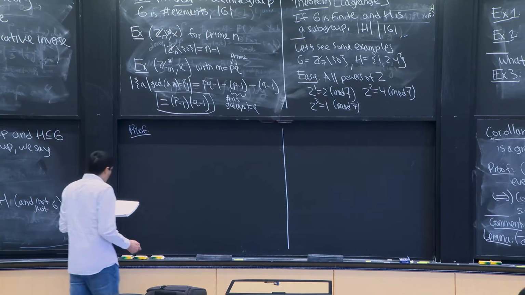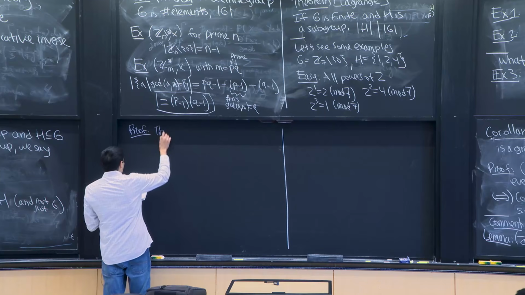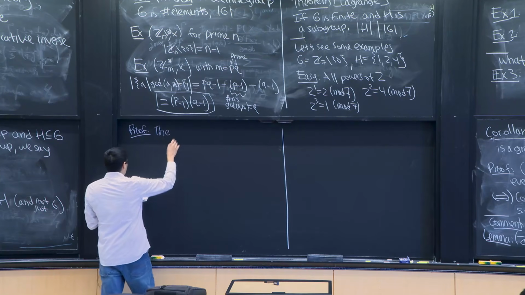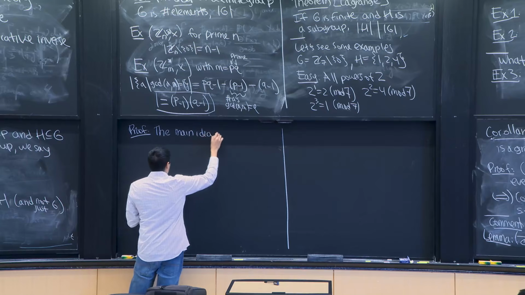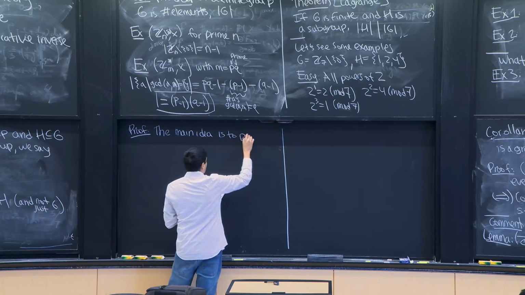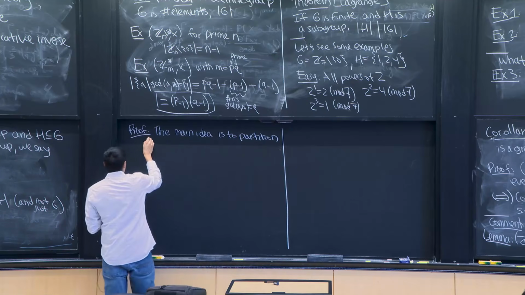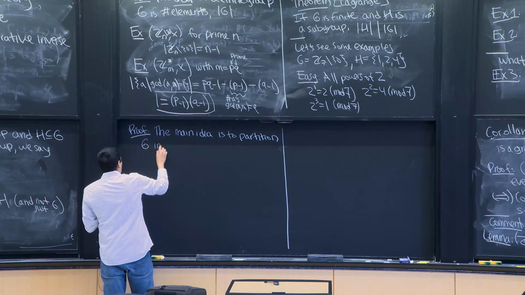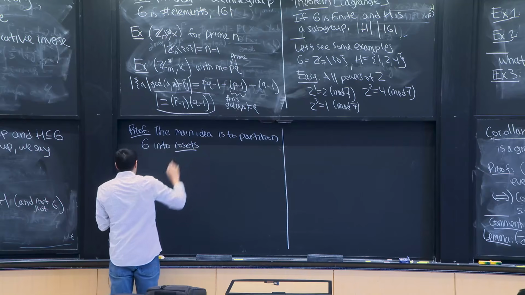Making this precise, we have to talk about what these translates are. And this takes us to the notion of a coset. As I promised you, the main idea is to partition G. We're going to build up this partition one piece at a time, into something called cosets.